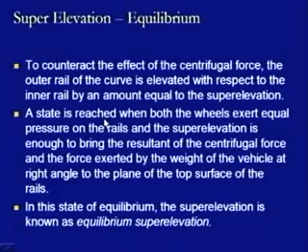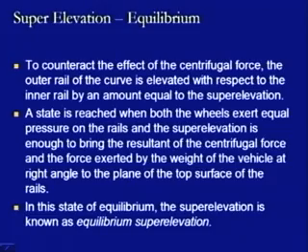So, in the case of super elevation, we have to look for the equilibrium condition, and there is a certain condition at which the super elevation is termed as equilibrium super elevation. What happens here is that to counteract the effect of centrifugal force, the outer rail of the curve is elevated with respect to the inner rail by an amount equal to super elevation.